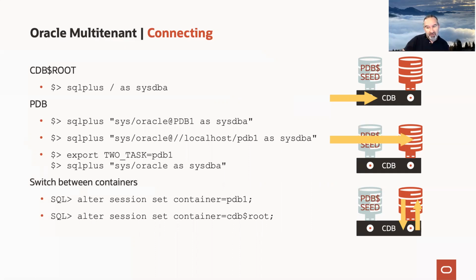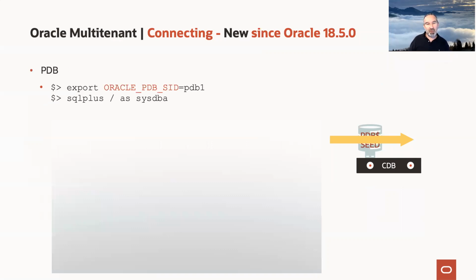When you want to switch between two containers, let's say you're in the root container and you would like to go to your PDB, you say alter session set container PDB1, and to go back to the root container, alter session set container CDB$ROOT. Now there's a new workaround since Oracle 18.5. You can connect directly on the OS side into a PDB when you say export ORACLE_PDB_SID.